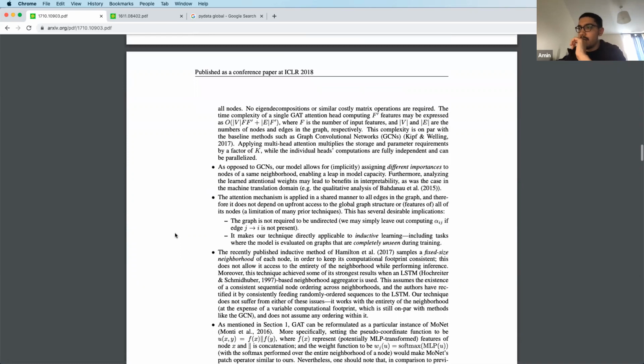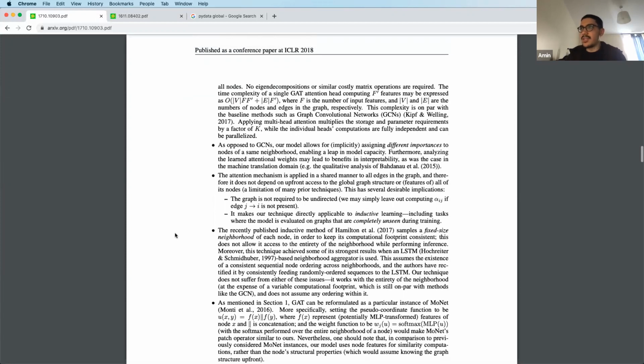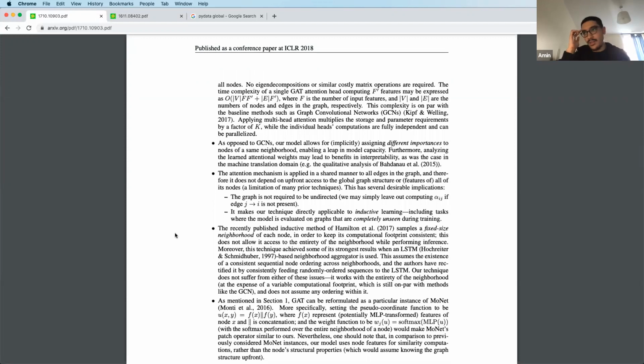I actually had a question about the model, which was, how can you include edge information? It actually says at the bottom in the conclusion that you can't. So if you have any edge features or edge weights which you think would be good to include in the model, some important information about the problem, this isn't included in this model, but it can be readily applied to directed graphs.